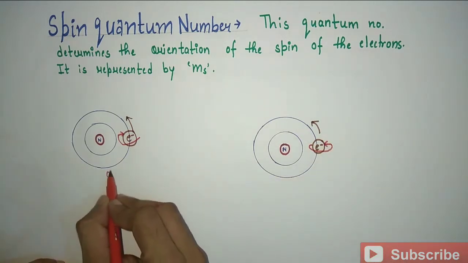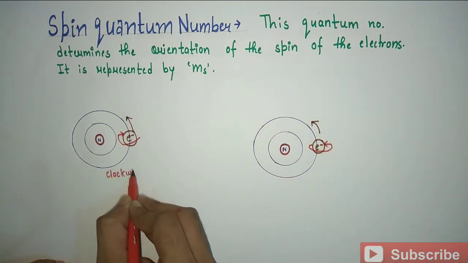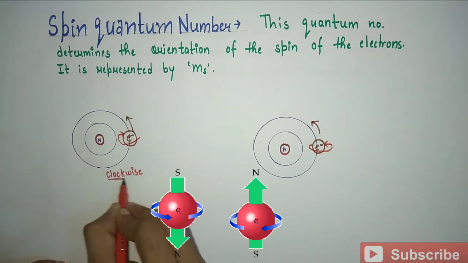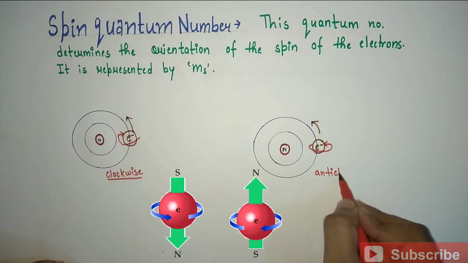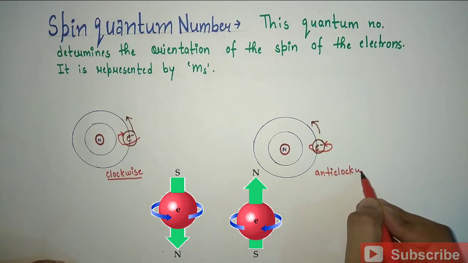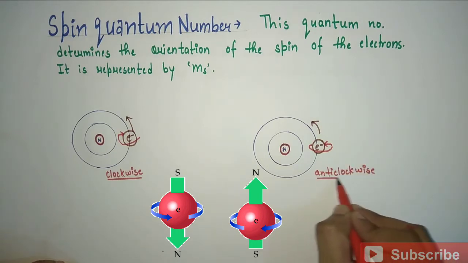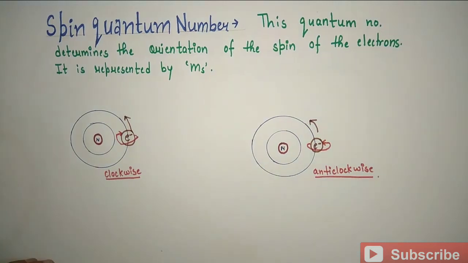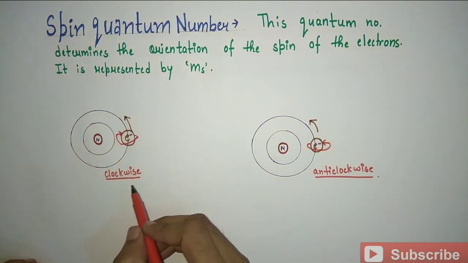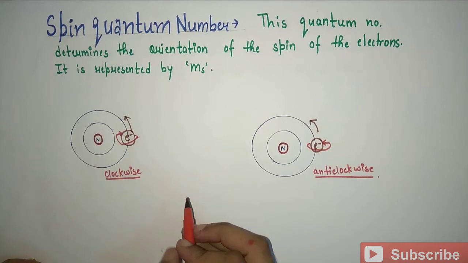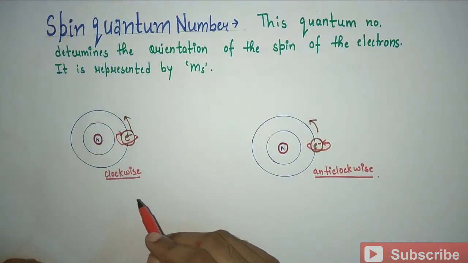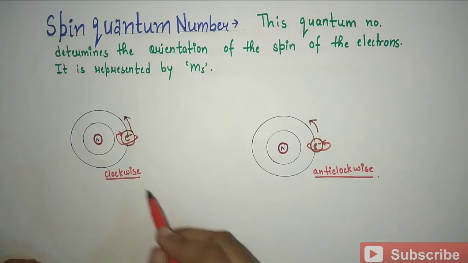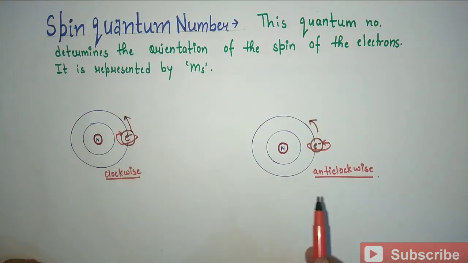So this is the clockwise motion of an electron about its own axis, and this is the anti-clockwise motion of an electron about its own axis. So the angular momentum of the electron is not only due to the motion of the electron around the nucleus, but it is also due to the motion of the electron about its own axis.